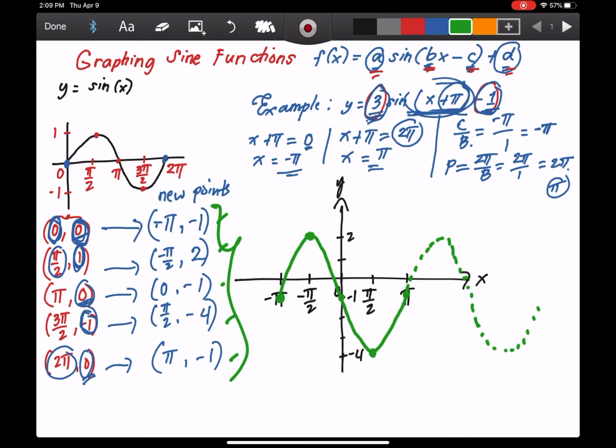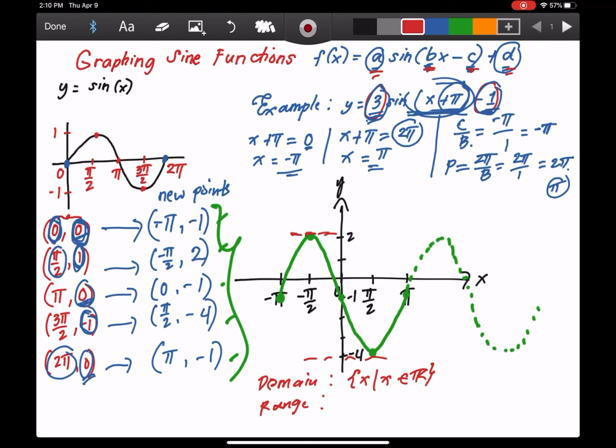The domain here will be all real numbers, the set of all x such that x is an element of real numbers, since we can extend the graph in both directions. And then the range: the graph only goes from positive 2 down to negative 4, so that's the range.